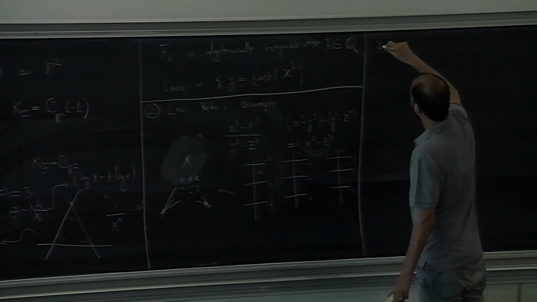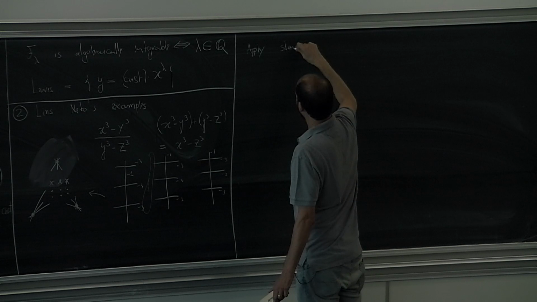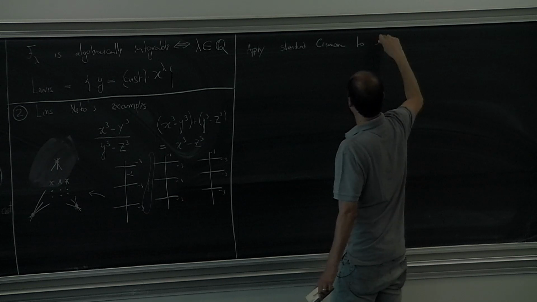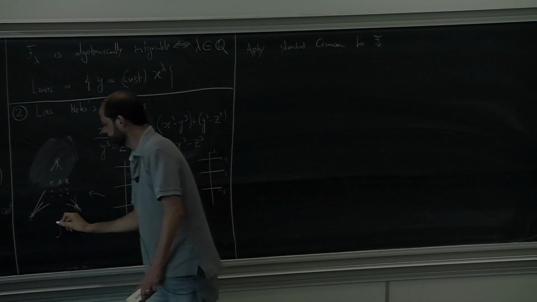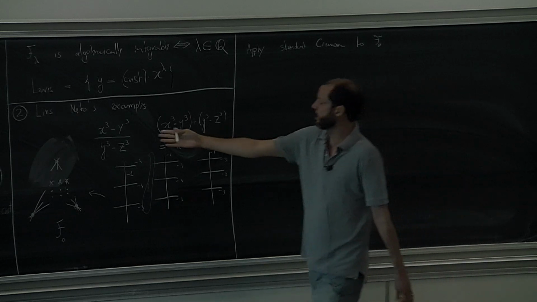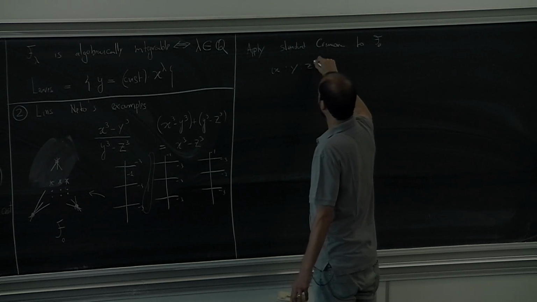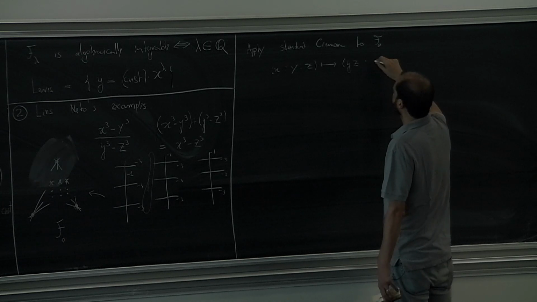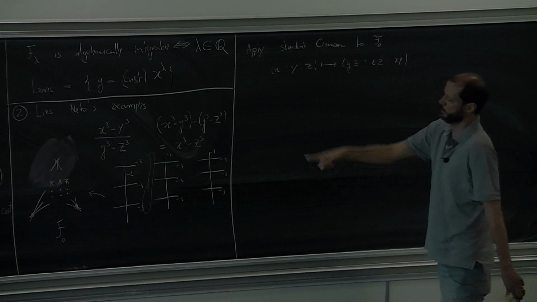And now, one thing that you can do, you can apply the standard Cremona to F. So let's call it F0. And we can just apply it here, right? So I'm sending x, y, z to yz, xz, xy.